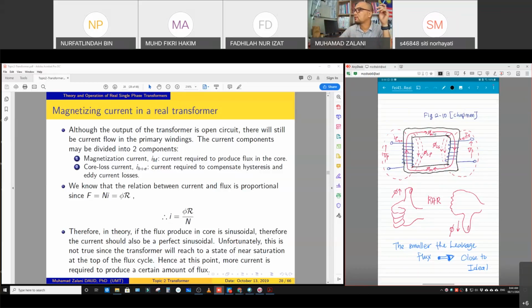Similarly at the secondary part, if we use the right hand rule here, our thumb is pointing downward. So phi is pushing from this side, also pushing downward at this side, right? Meaning that the flow of flux is in the clockwise direction in this case.